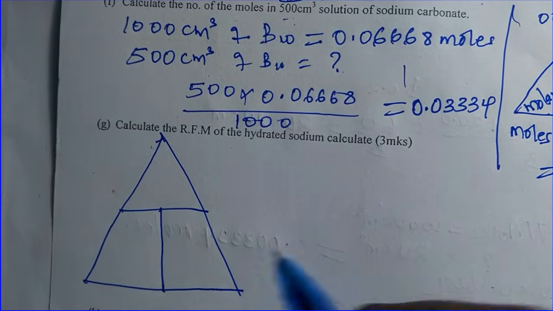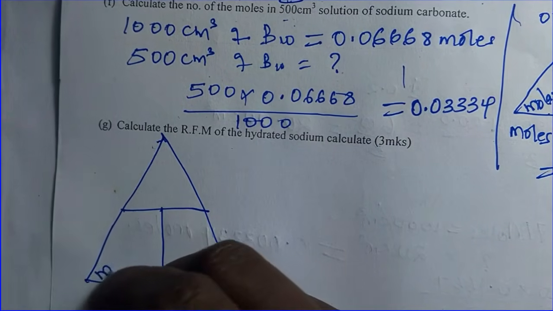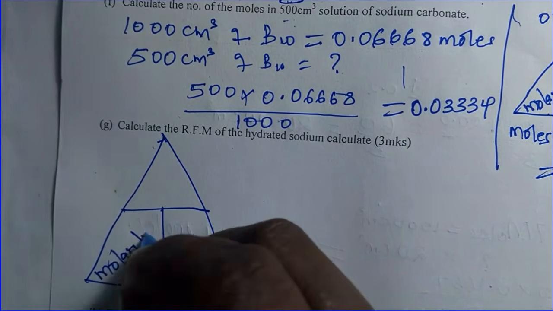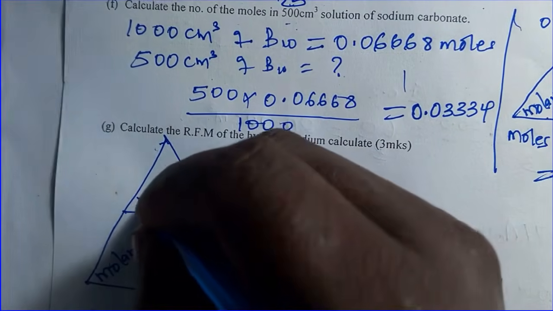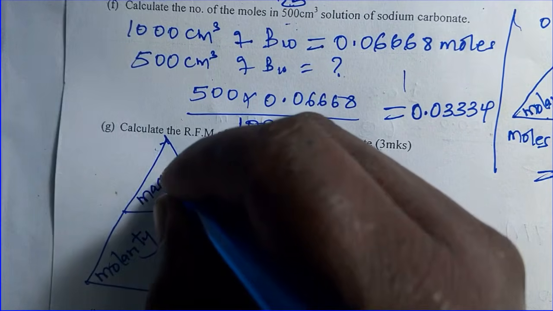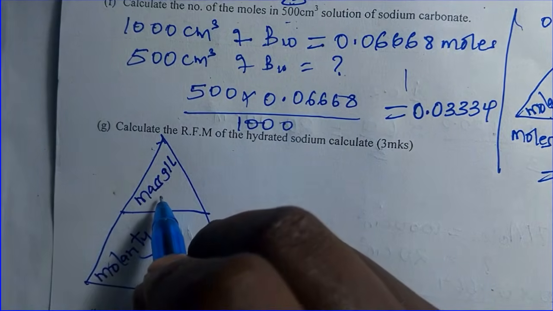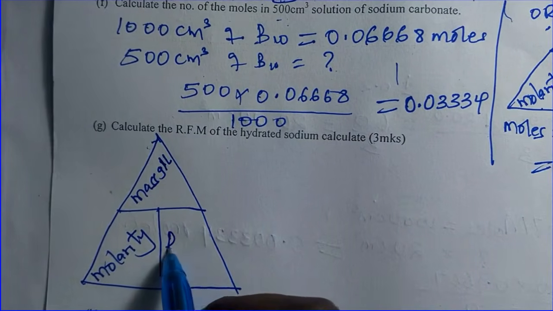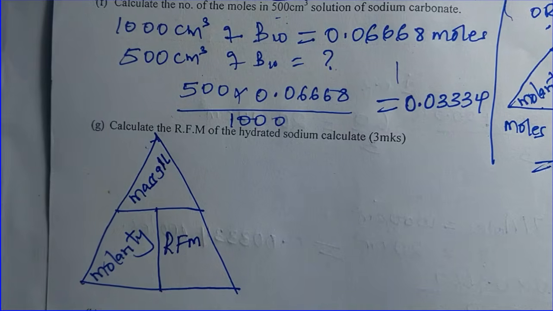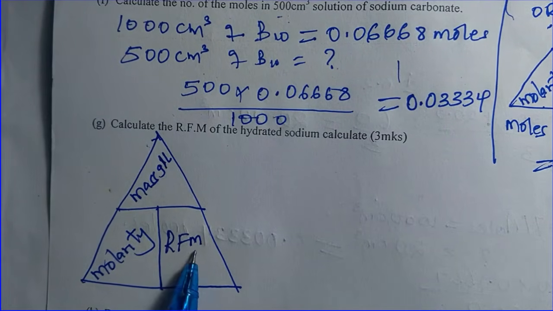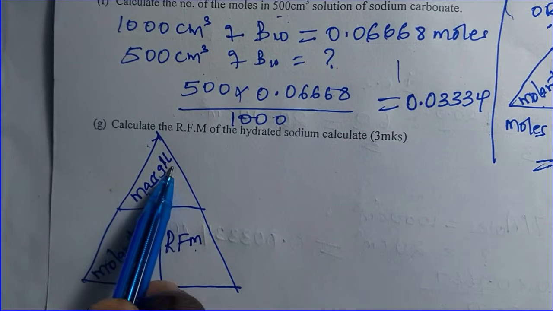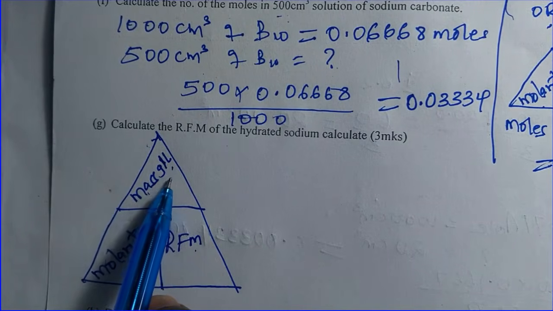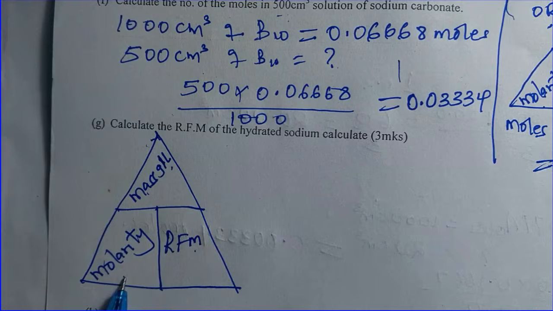In this one, we have molarity equal to mass in grams per liter, divided by RFM. So we are looking for the RFM. To get RFM, you must have mass in grams per liter of whatever solid that is, divided by its molarity.